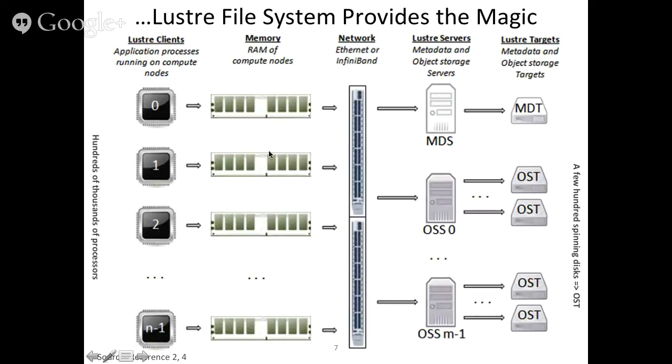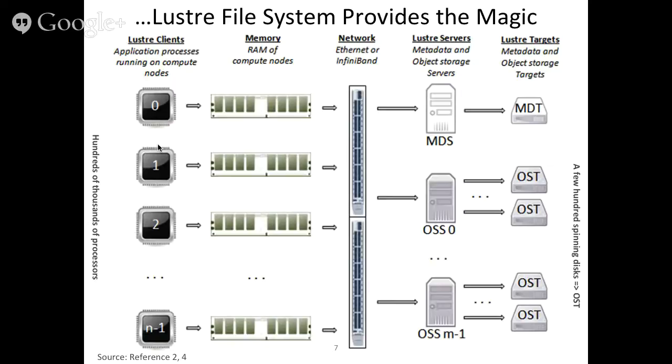That's the memory. And then further towards the left, those are the Lustre clients, the application processes running on the compute nodes. So basically, we divided the complete Lustre architecture into mainly 3 or 4 components.